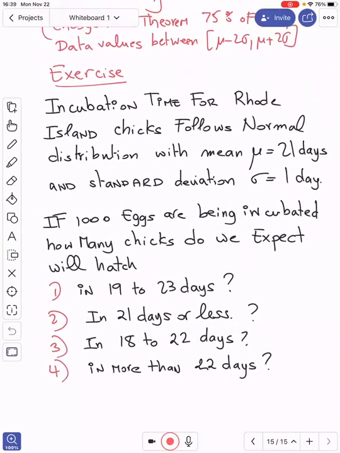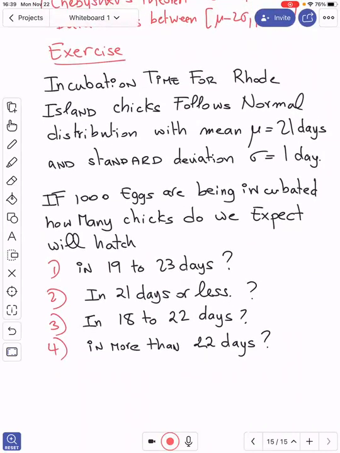The incubation time for Rhode Island chicks follows a normal distribution. Normal distribution here is a keyword, with a mean of 21 and standard deviation sigma of 1. And we have 1,000 eggs. So how many chicks do we expect will hatch in 19 to 23 days?